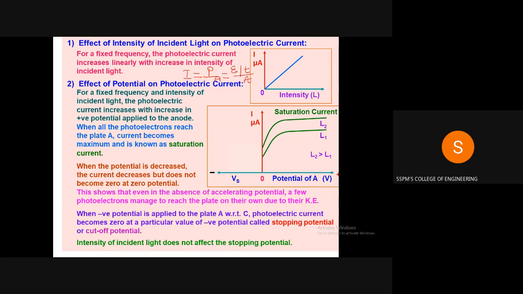That is called intensity of incident light. I equals P upon A.